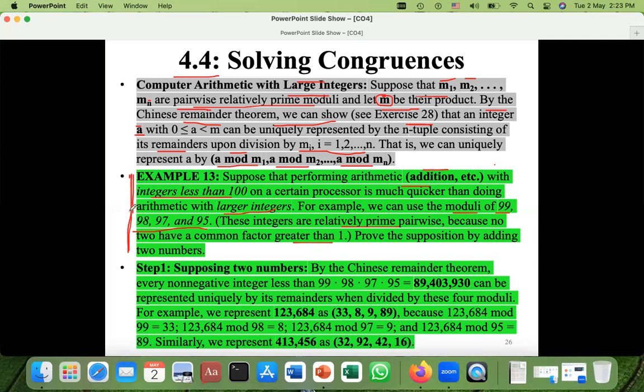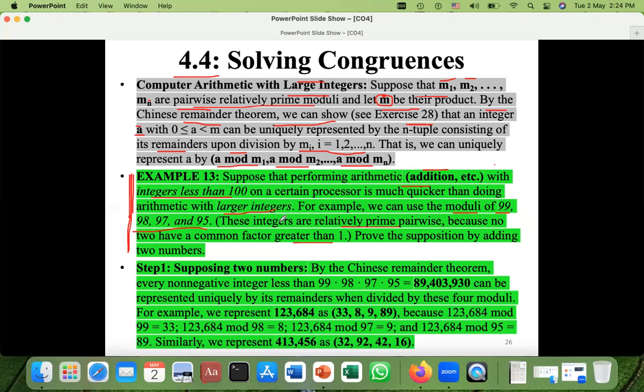Here we have a supposition that small numbers evaluate much faster as compared to large integers. That comes to our mind as a fact, but we have to prove that.